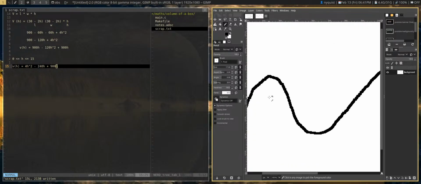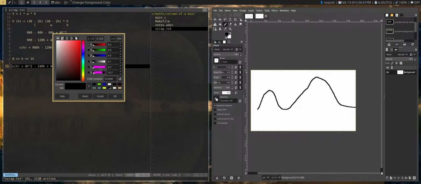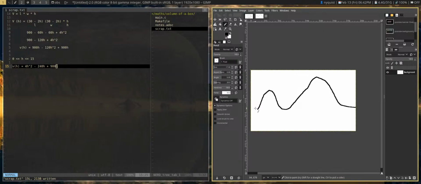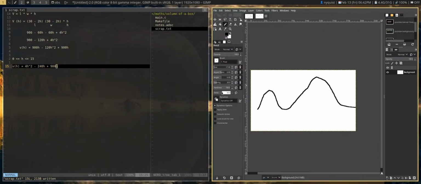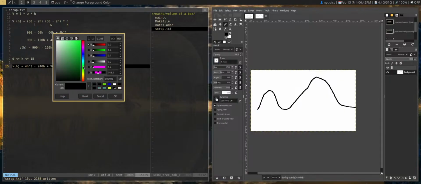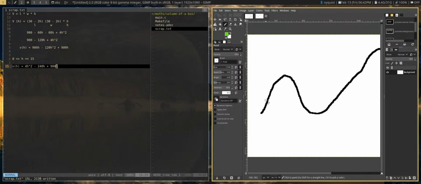As you're going up, the tangent line is like this, then like this, then like this. Then right here at the top, the tangent line is 0. So that would be a critical point.